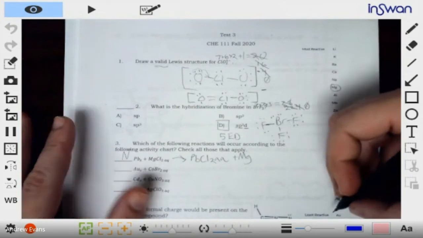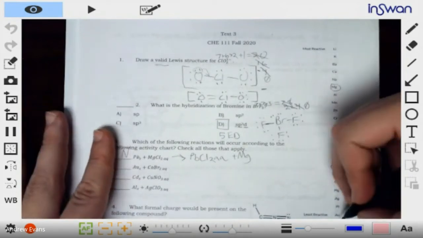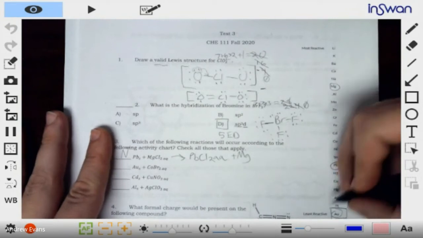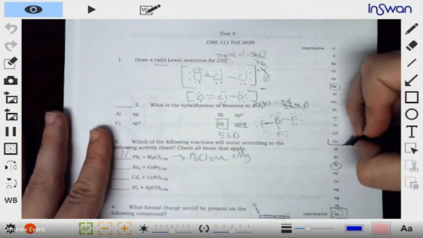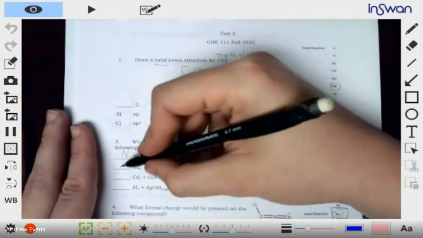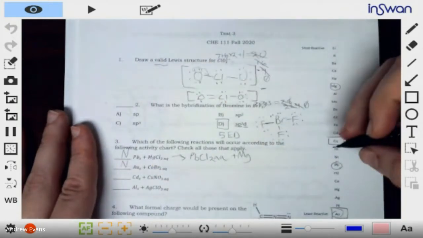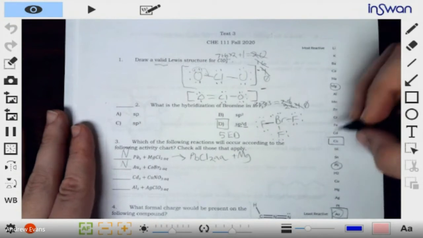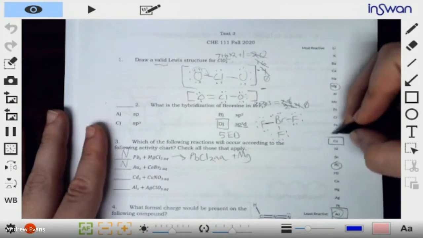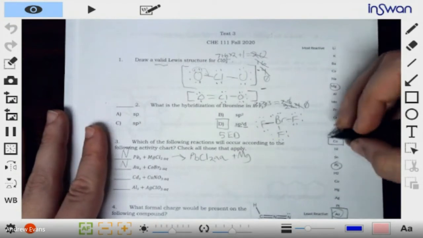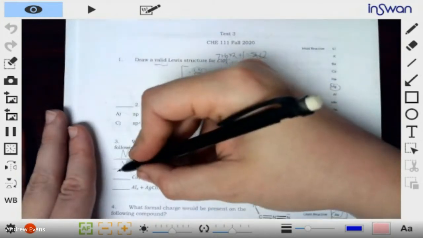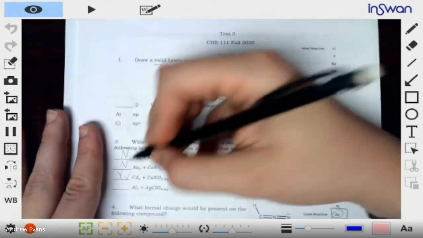Now we have to look at gold. Gold is right on the bottom. Is gold higher than cobalt? The answer is also no. Is cadmium, which is right here, higher than copper? Yes, that is.